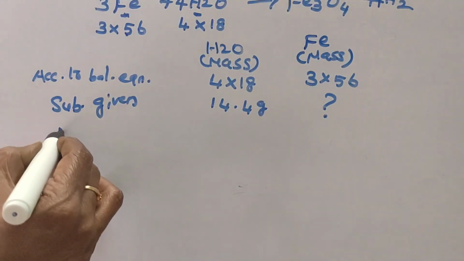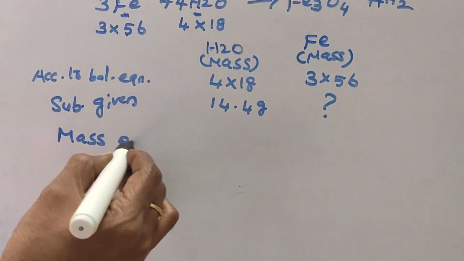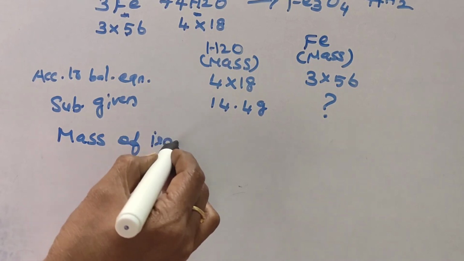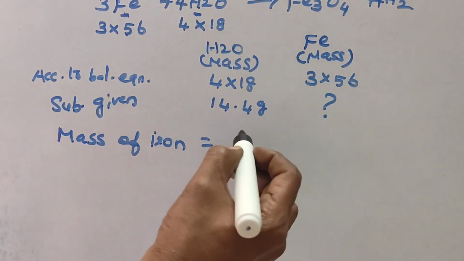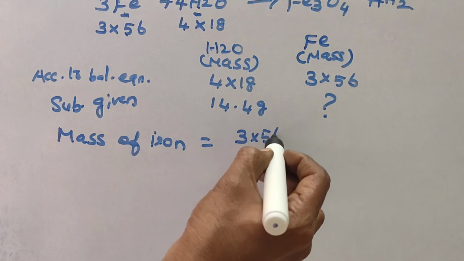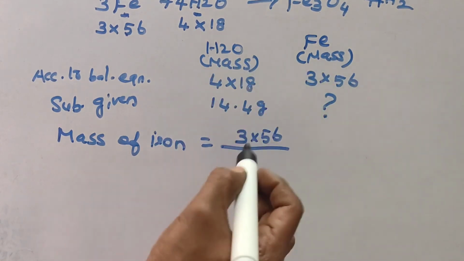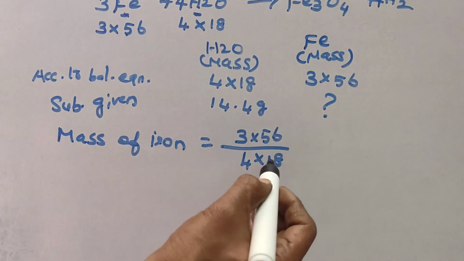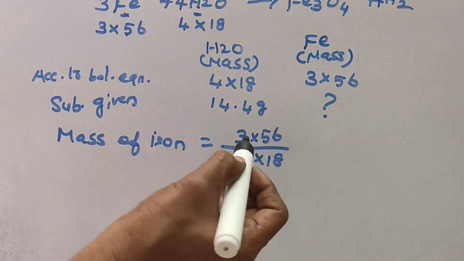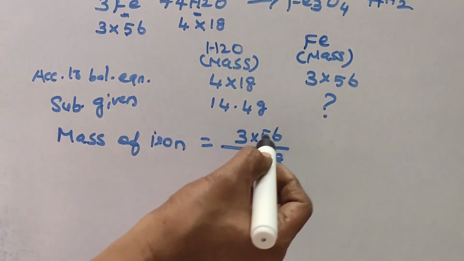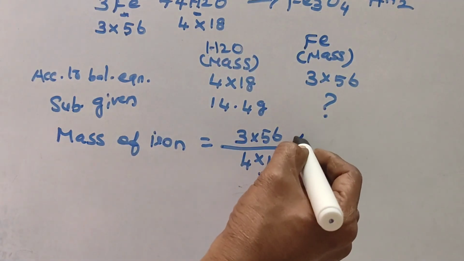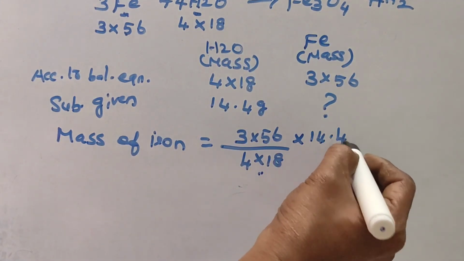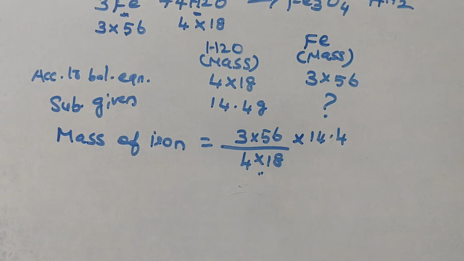Mass of iron equals 3 into 56 needed for 4 into 18. For 4 into 18 gram of water, 3 into 56 gram of iron is needed. For 14.4 gram of water, how many gram of iron is needed?